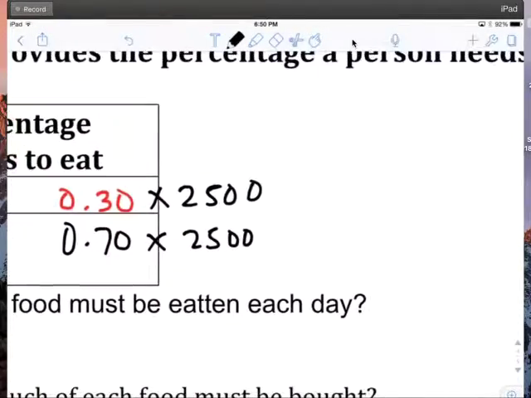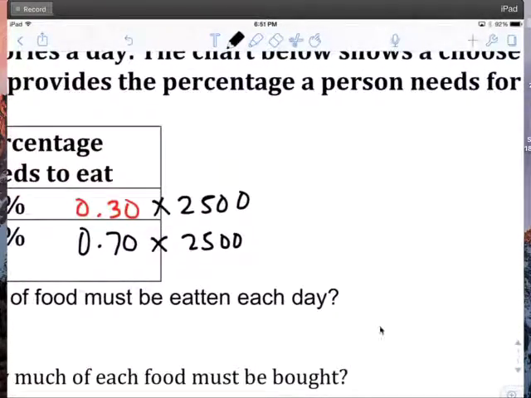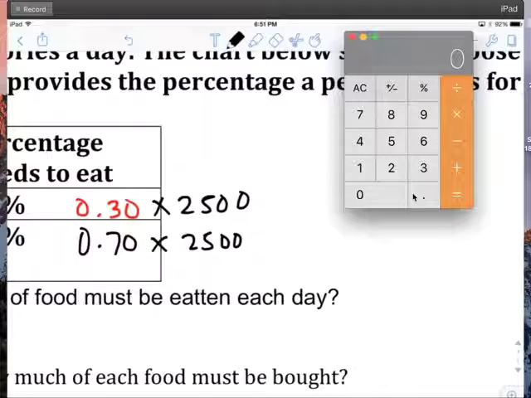Okay, when you do that, you get 750 here, and here you get, let's see, 1750.